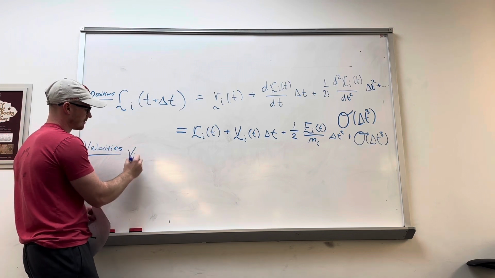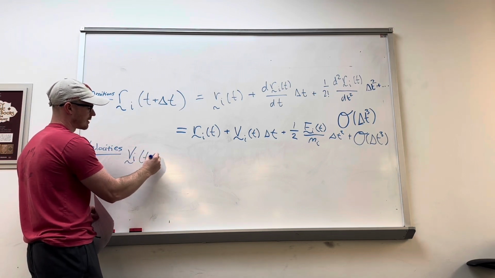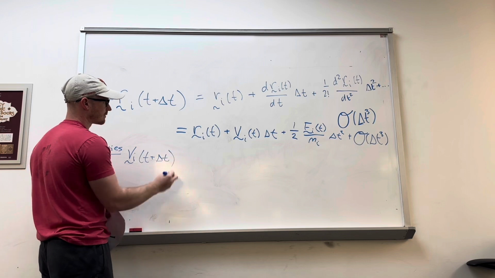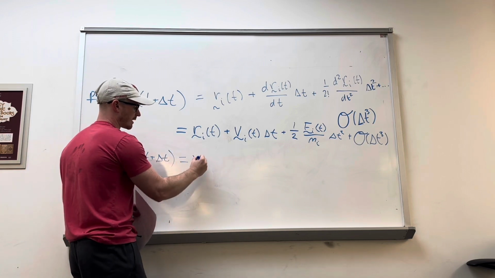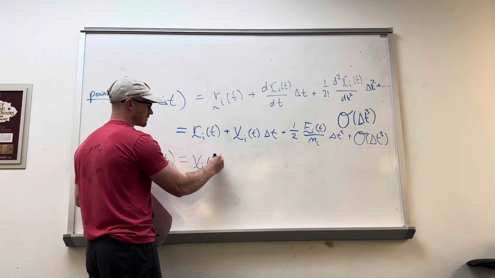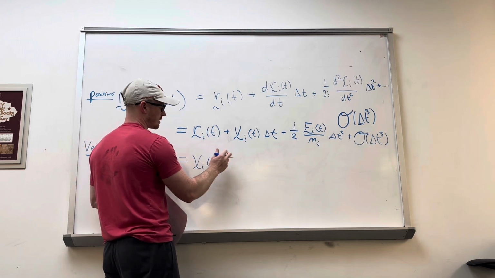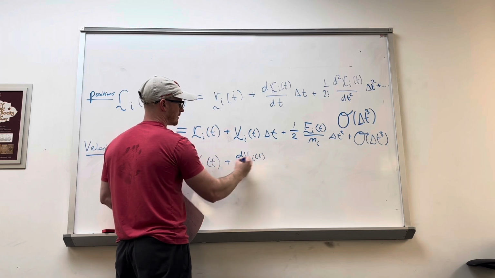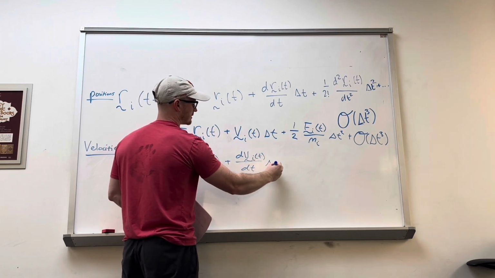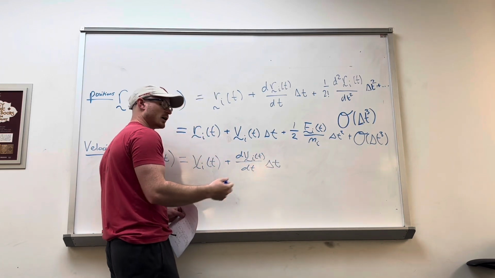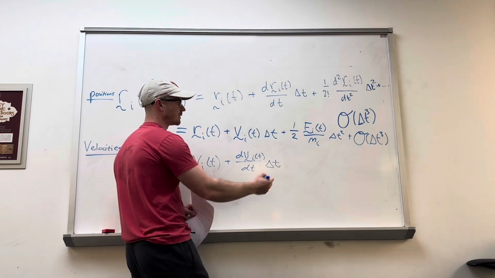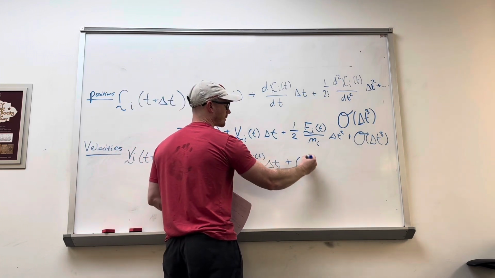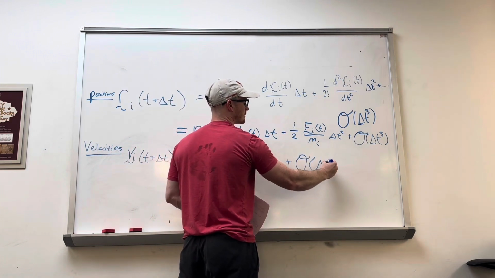v_i of t plus delta t is going to have the same type of expansion. Of course, now we're just replacing the variable names. So we have v_i of t plus dv_i of t/dt times delta t. And then here, what we're going to do initially is truncate this at the second order, so we're going to have some plus order delta t squared terms.